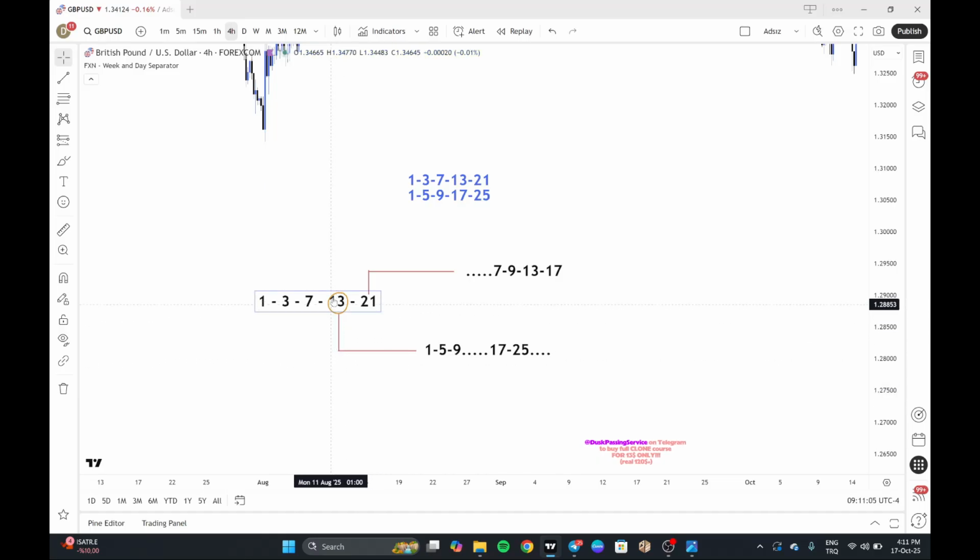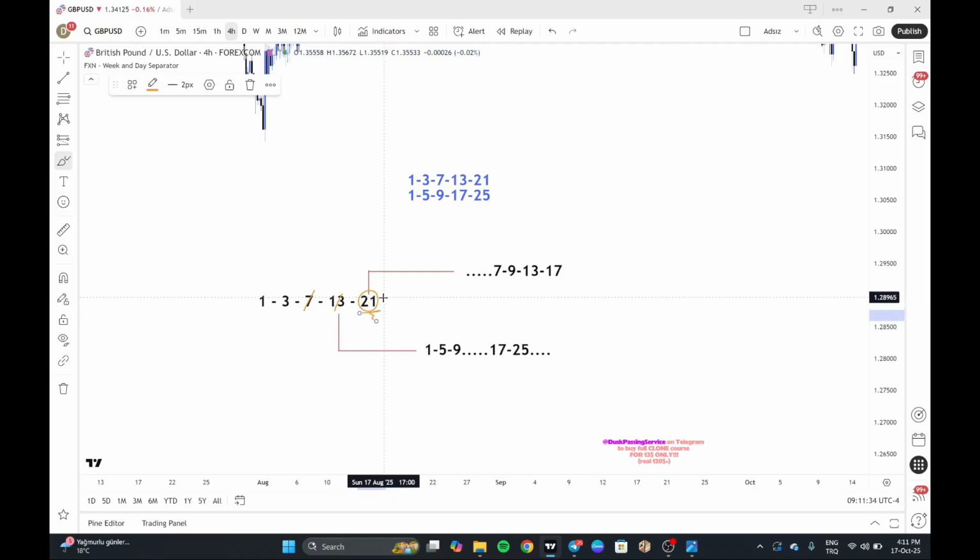So the fourth component of this sequence can start another sequence on any time frame, or 21 can do that too, but most of the time 21 does that compared to 13. 13 doesn't start new cycles most of the time, 7 as well, but 21 does that most of the time.